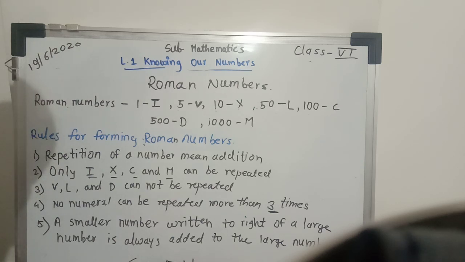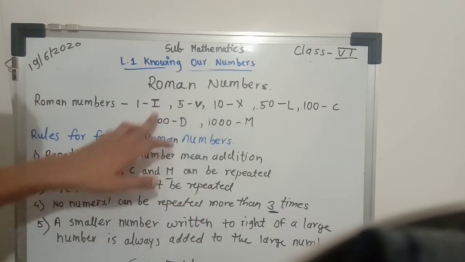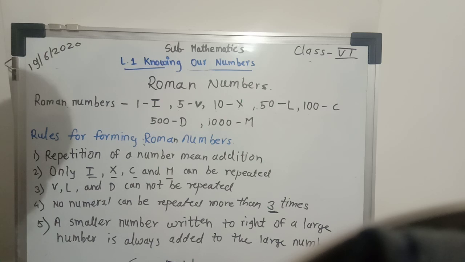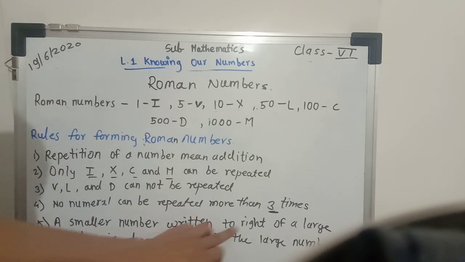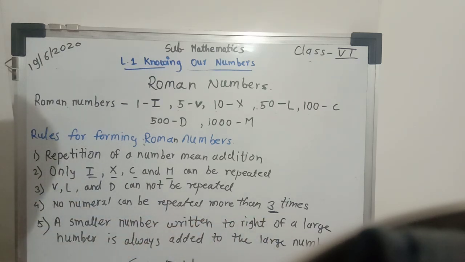The Roman number for 5 is capital V, and for 1 it is capital I. So the Roman number for 6 is VI. Here the smaller number is on the right of the large number, which means the smaller number is added to the large number.